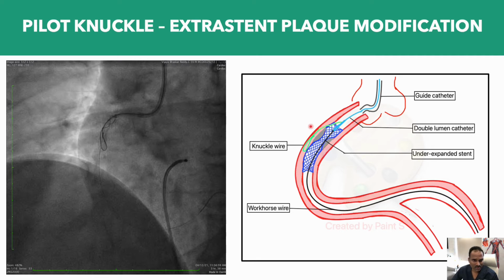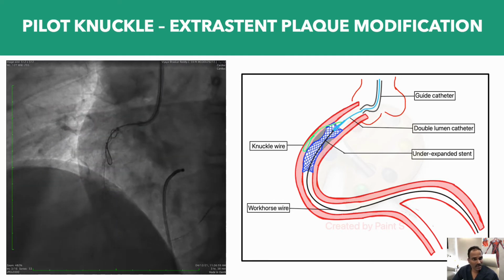So we are essentially modifying the plaque where we wanted it. If you go beyond the distal edge of the stent, we may end up in a subintimal space, which may collapse your distal lumen. These cautions have to be followed while doing this maneuver.